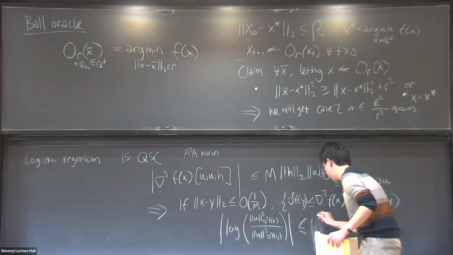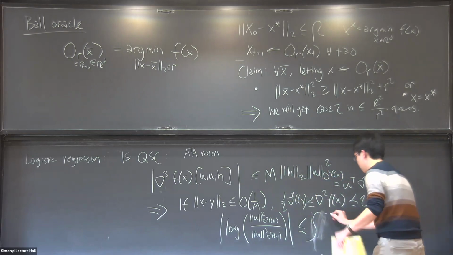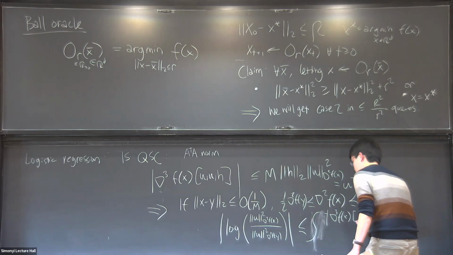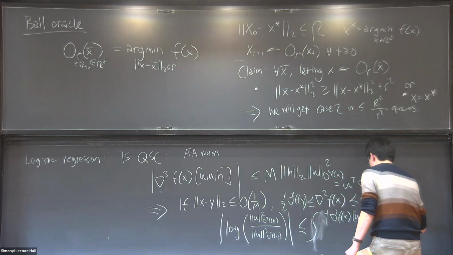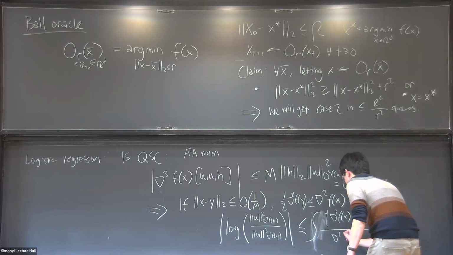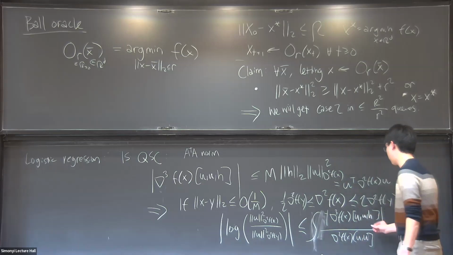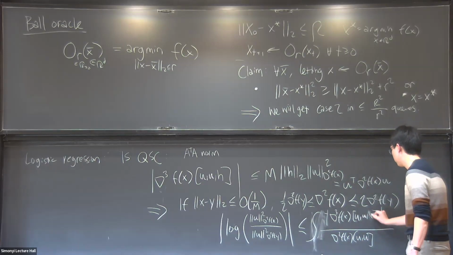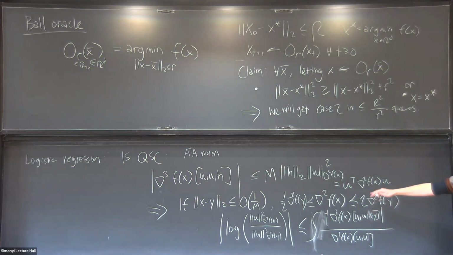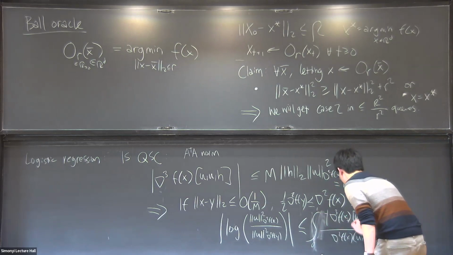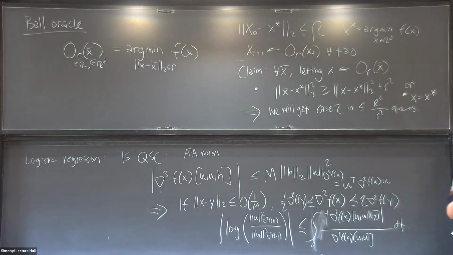By triangle inequality, this is less than the integral of the derivative of that quantity, where h is the direction x minus y. And by quasi-self-concordance, and where x_t is the point t along the way from x to y, this is less than m.